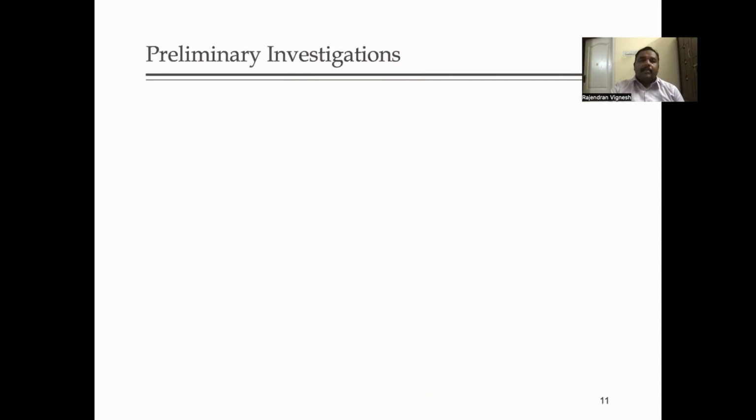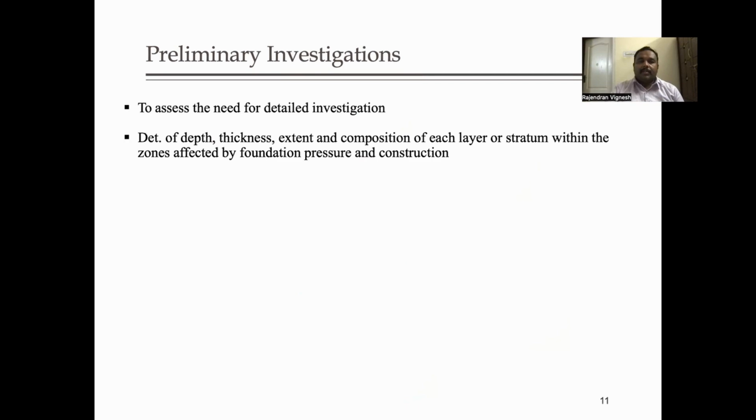So what is available in the preliminary investigation is, it will tell about whether we need to go for detailed investigation or not. So already we have done the walkover survey. The number of informations and the number of agencies we can collect, we have seen in the previous slides. So this preliminary investigation will tell about whether we need the detailed investigations or not.